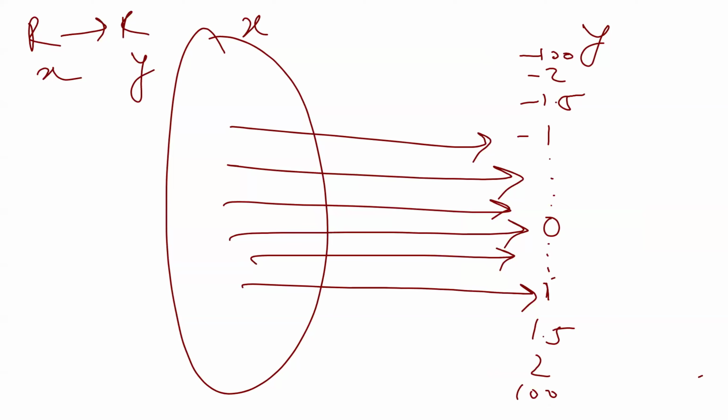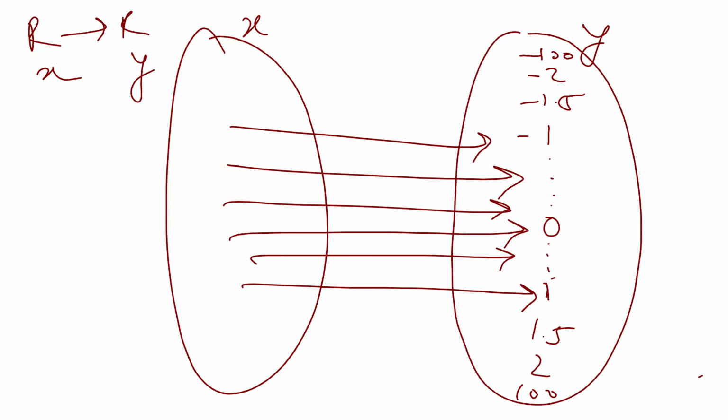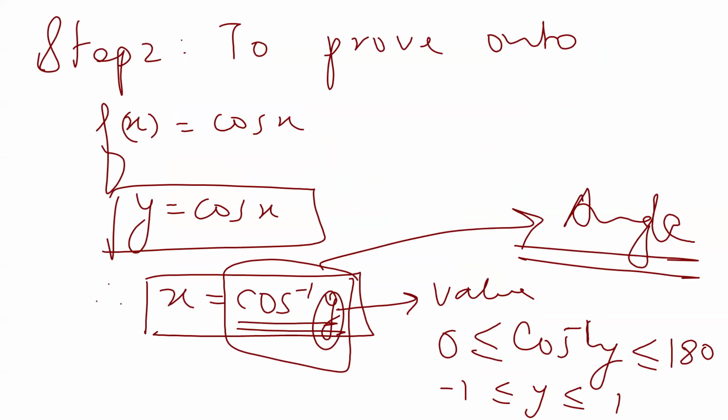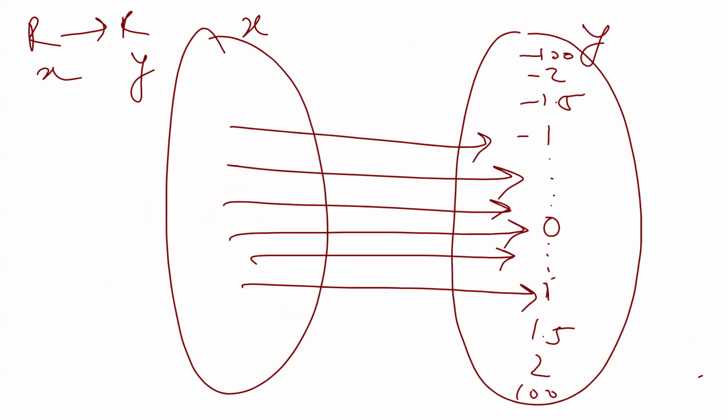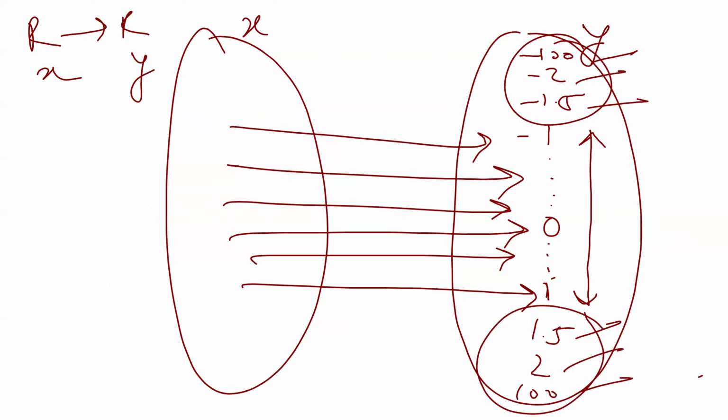Cos inverse y is the angle, and values of y will always range between -1 to 1 for cos inverse. So from -1 to 1, everything will have a pre-image. But what about the rest of the real numbers, which are not between -1 and 1? No, that is not the case. They will not have a pre-image. And since these values do not have a pre-image, this is not onto. It's into, because all values should have a pre-image.